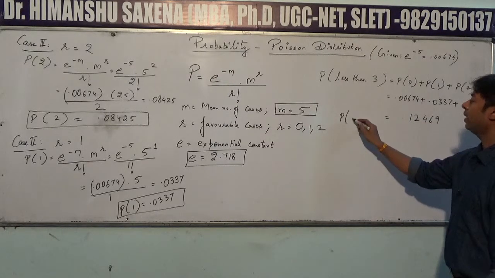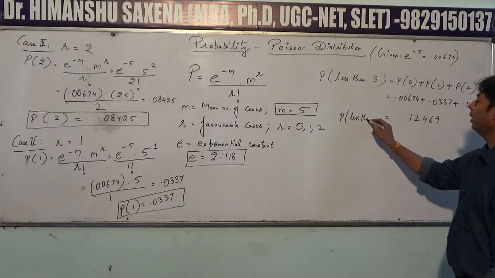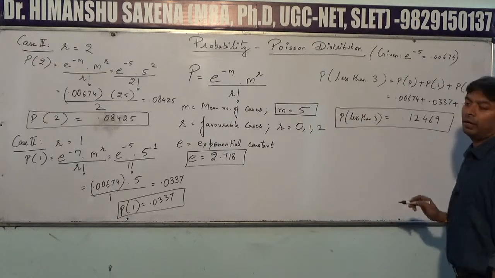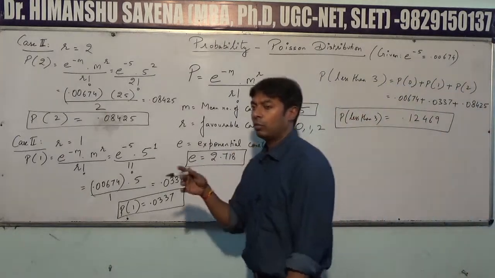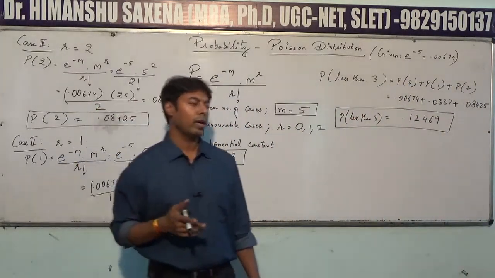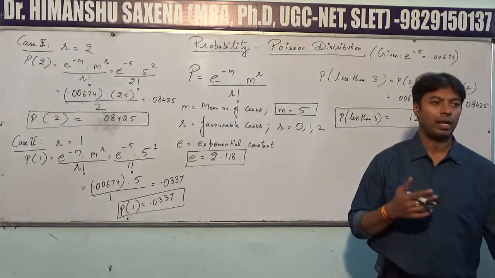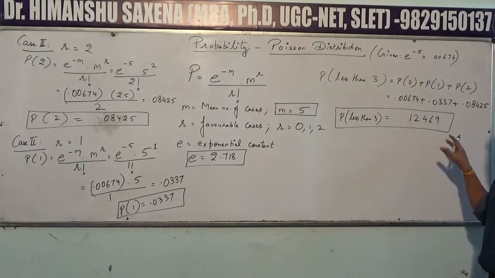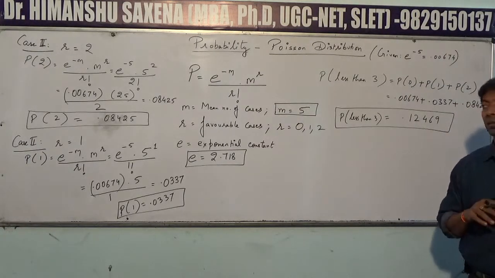This is the final probability of less than 3 birds being killed in a week. So whenever it is asked less than 3, you have to calculate the value of 0 as well as 1 as well as 2. And finally you will have to combine all these values to give the consolidated answer.